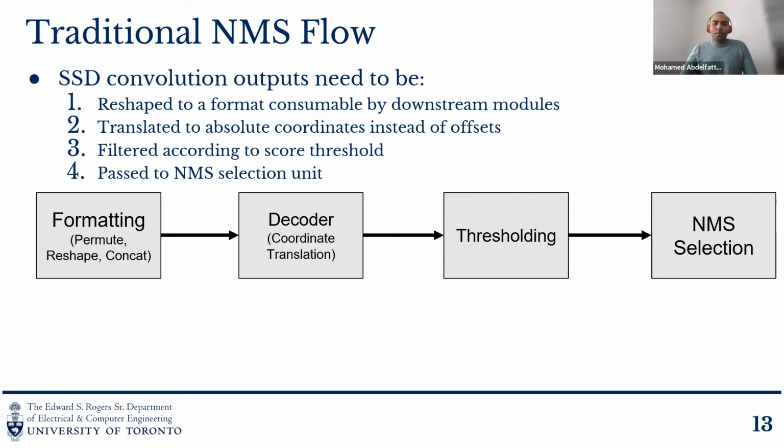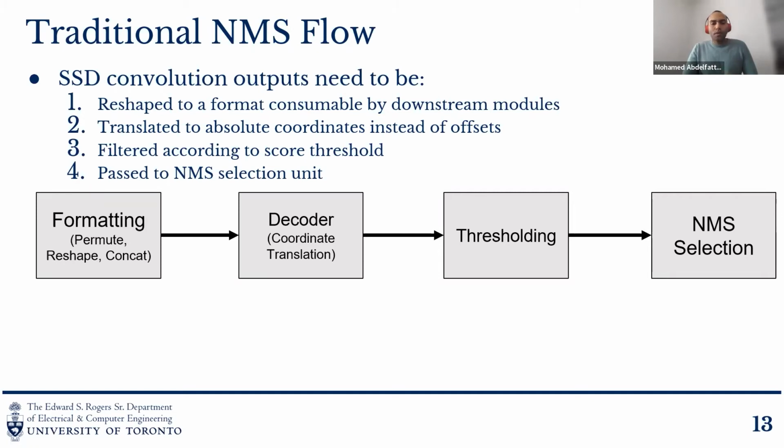Finally, we push them through a thresholding stage where only a subset of those boxes will pass that have a score beyond a certain threshold. And finally, we go to the NMS selection unit to remove the overlapping boxes.